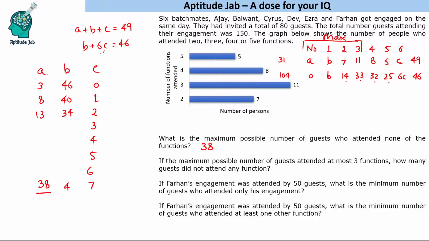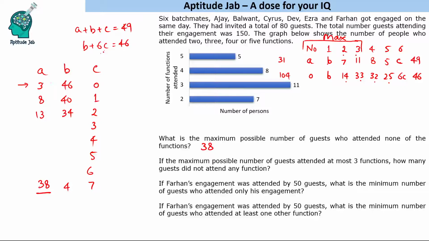If you have to find the maximum possible number, this is fixed, this is fixed. We have to find the maximum value of A plus B, right? So for the maximum of A plus B, C should be minimum. We have to find the maximum possible number of guests that attended at most three functions, so A plus B has to be maximized.